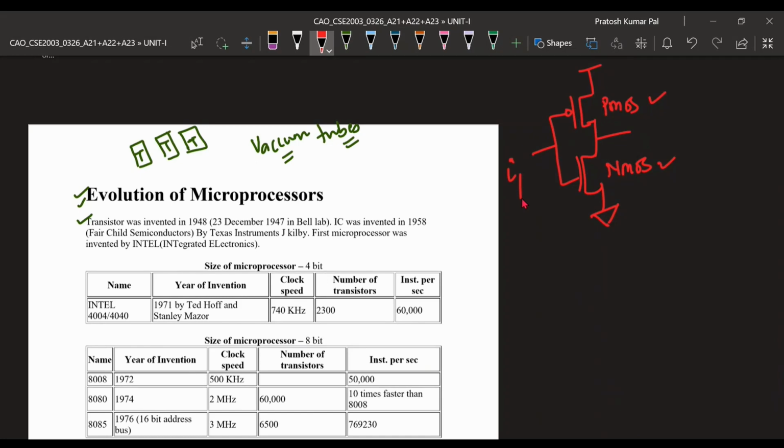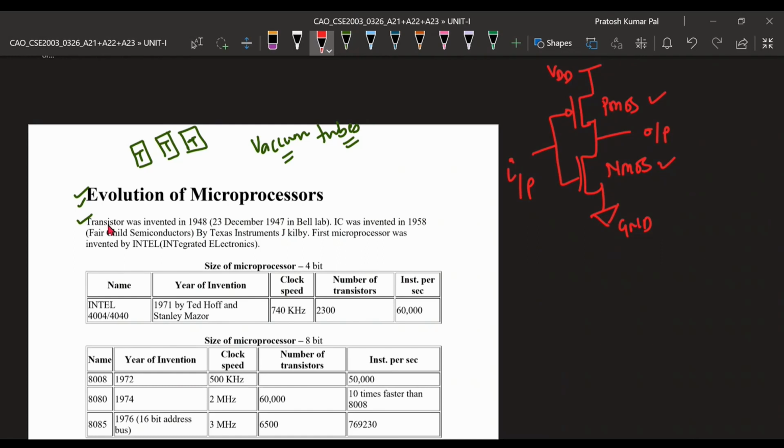From here we give the input, and here we get the output. This is VDD and this is ground. So to implement a basic inverter, we need two transistors. Similarly, if we implement logic like an adder, encoder or decoder, we need different types of logic gates, and these logic gates are made up of different transistors.